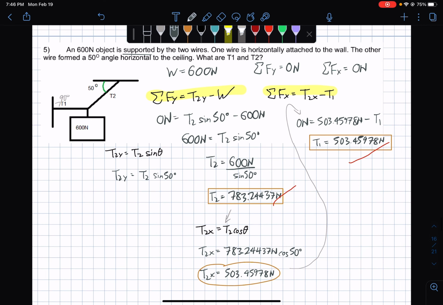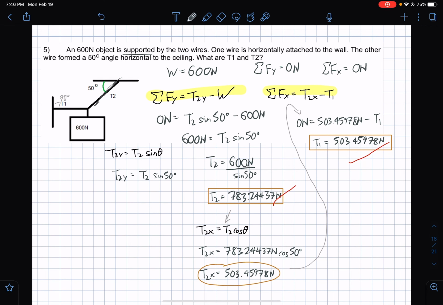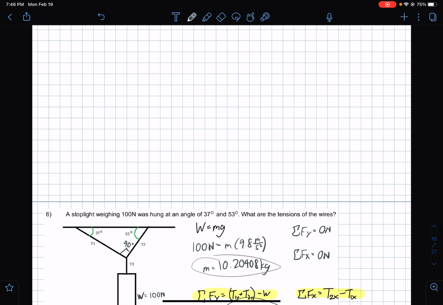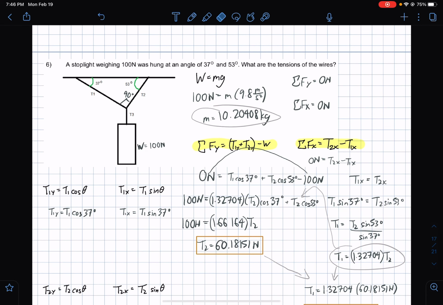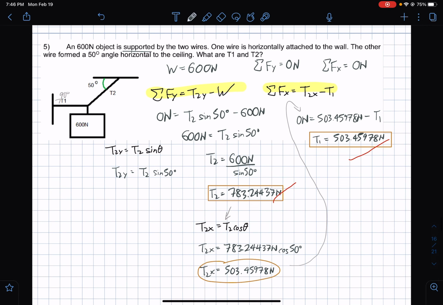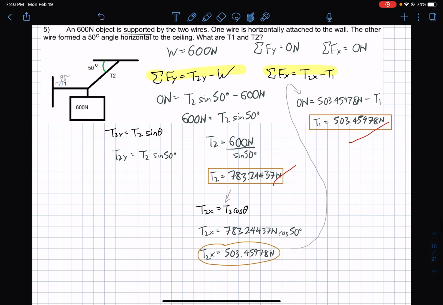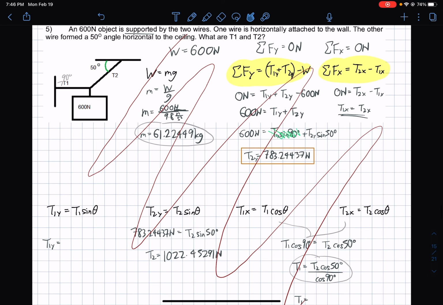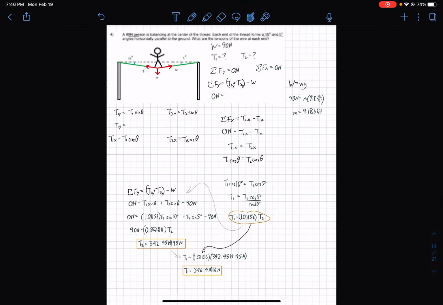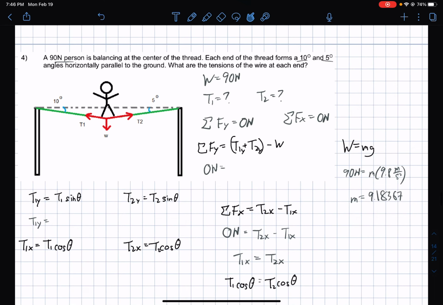But in this kind of scenario, if we have one tension in a diagonal form and one is horizontal, this is the formula that we use. No exception. You don't use these formulas. Otherwise, it's going to be more confusing and most likely you'll get the wrong answer. Unless you find a way that's not really generic, but it still works anyways.